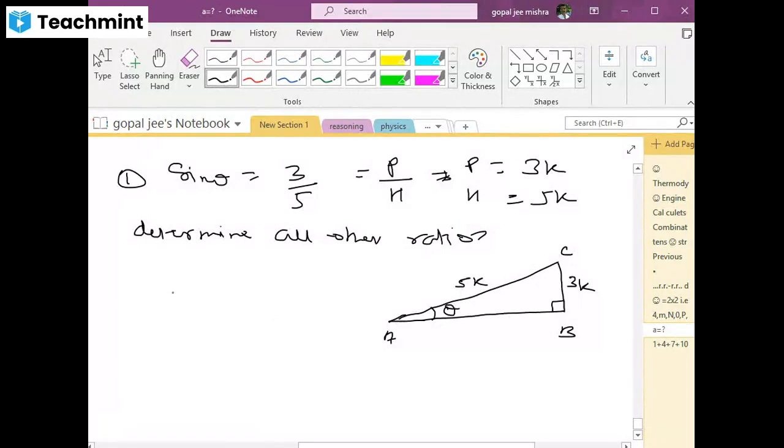Nice. Now see here, beta. Very easy. We have to elaborate the steps very clearly. So we cannot write that it is a Pythagorean pair. We have to mention everything very clearly. According to this, we have AB square plus BC square is equal to AC square, according to Pythagoras theorem.